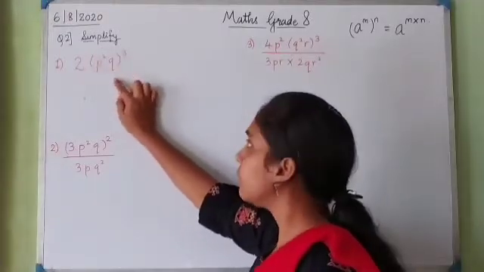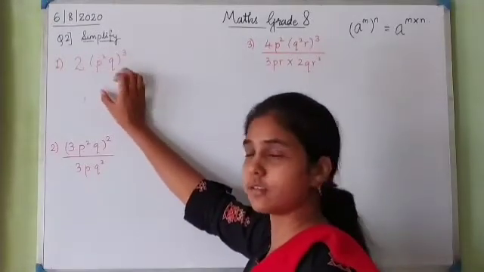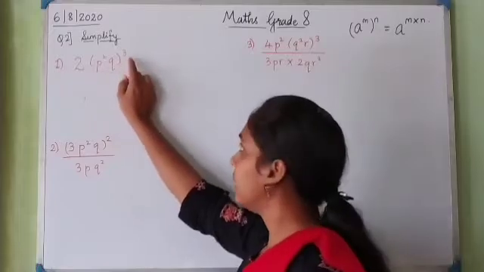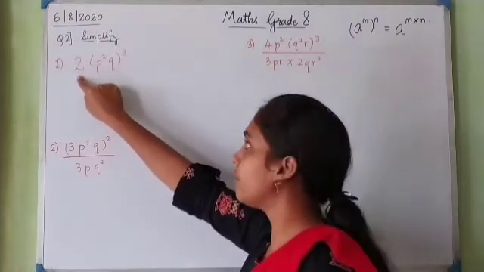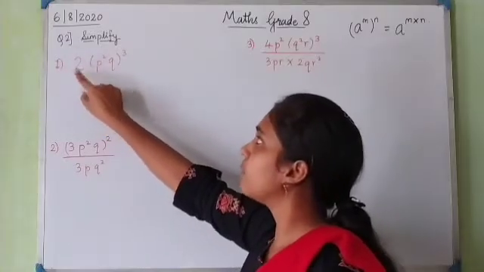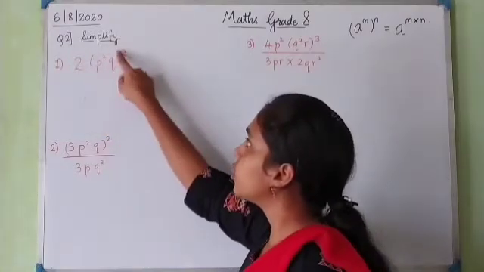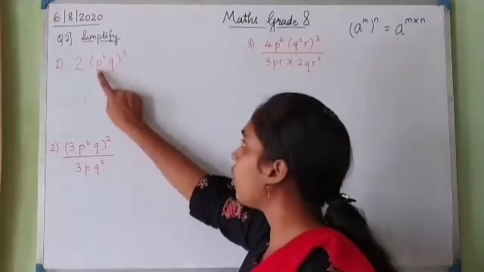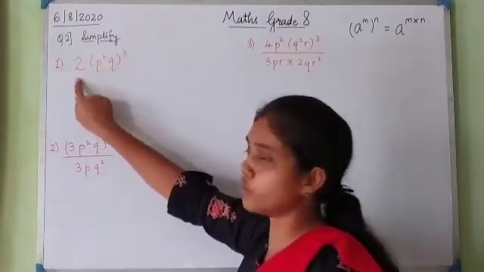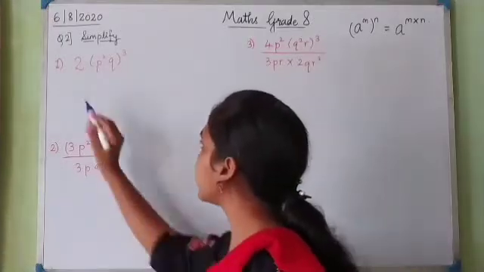It is only for whatever is inside this bracket. This 3 is not for 2. If it would have been for 2, then the bracket would have been from 2 to cube. So this index is only for p square cube and not for 2. So we keep 2 as it is.